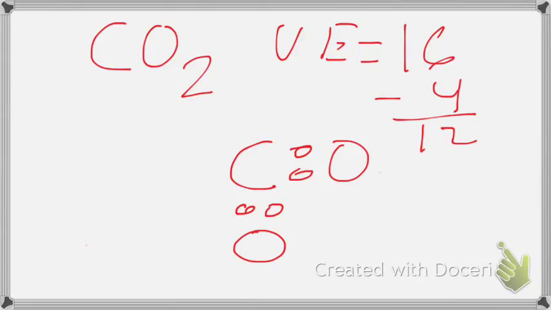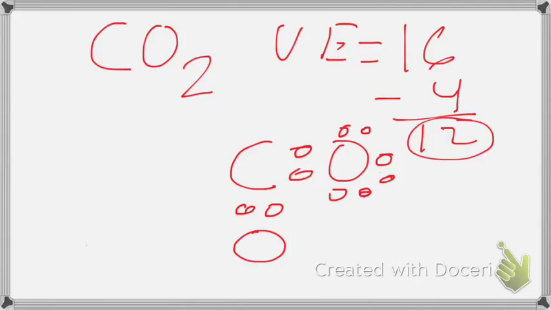All right, so what do we do with these 12 valence electrons? That's right, we're going to distribute them around the atoms as lone pairs. We're going to start out with the outside atoms first and then go to our central atom. So the oxygens are the outside atoms. We're going to add 2, 4, 6.